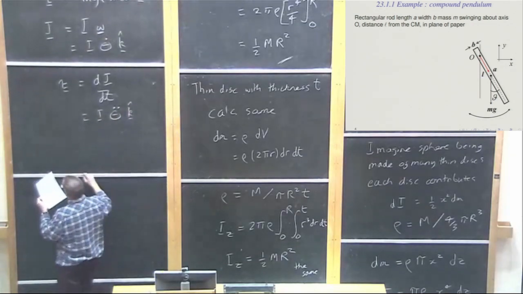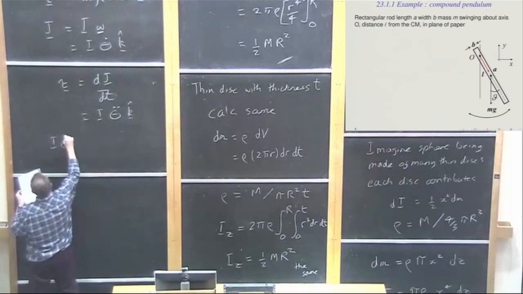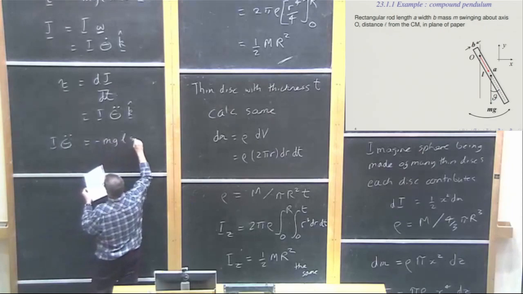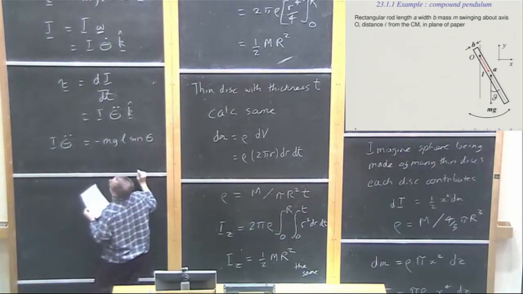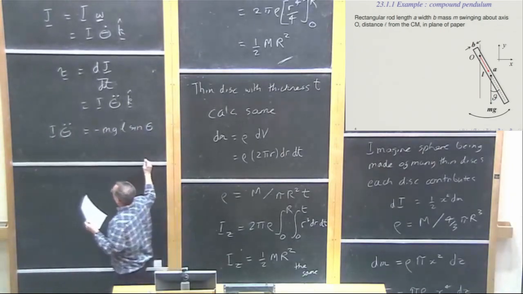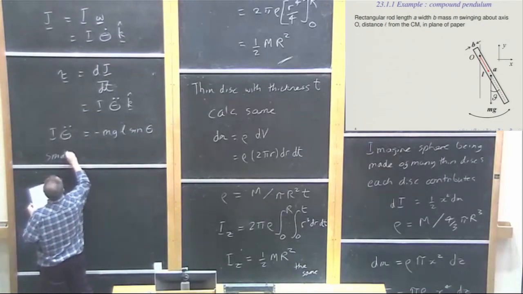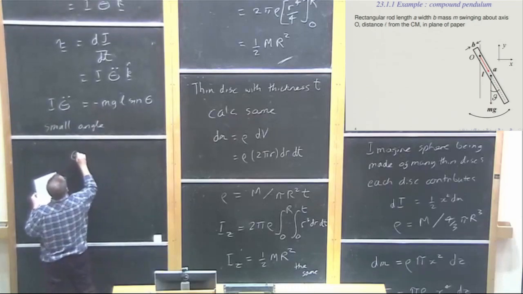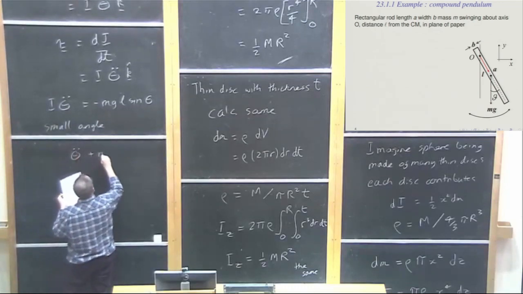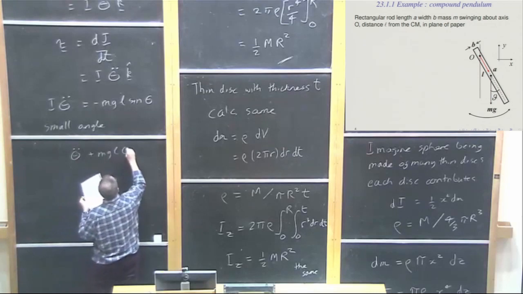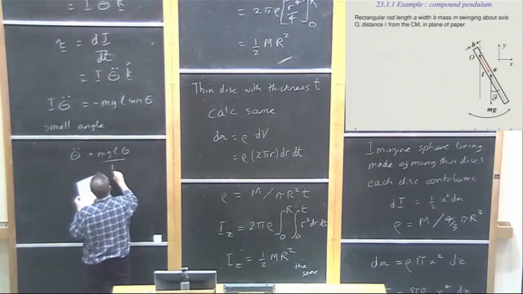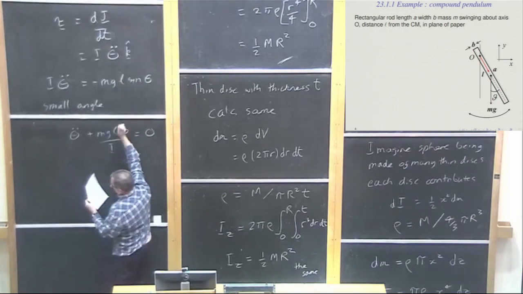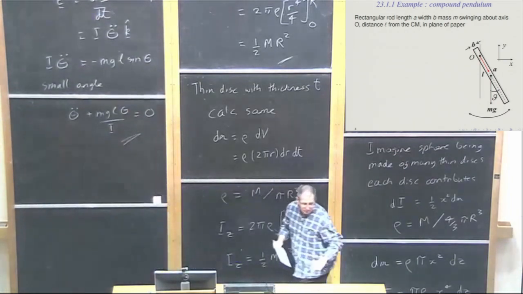So we have that I theta double dot is equal to minus m g l sine theta, and if we take the small angle approximation, we get theta double dot plus m g l theta over I is equal to 0. So that's the equation of motion.